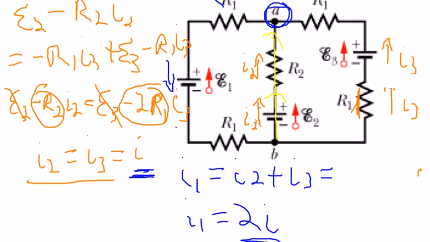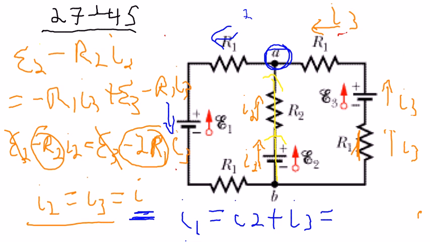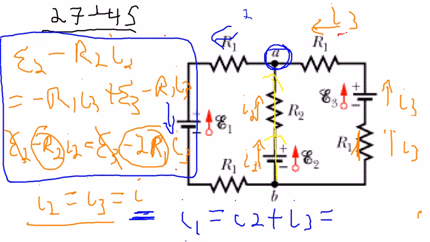In order to solve, I want you to follow the same procedure that I used here. It's a little sloppy, I apologize, but analyze the change from point A to point B, taking a path through battery 1 this way, and taking the path through battery 2 in this direction.